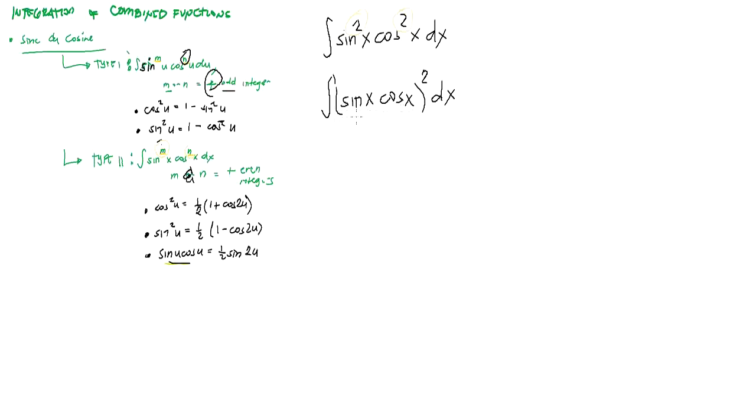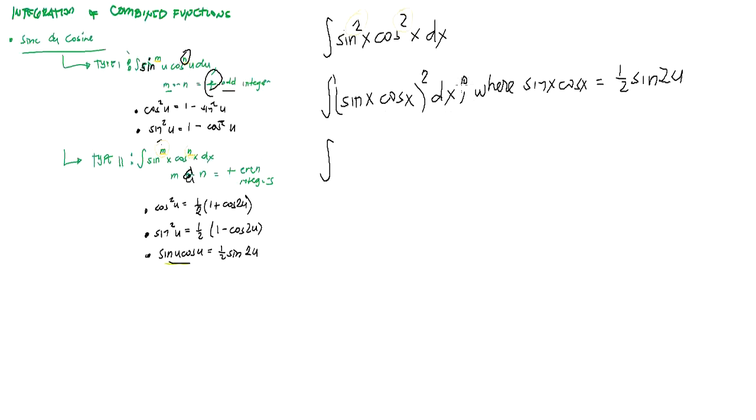This whole term is just equal to 1/2 sine 2x, where sine x cosine x is equal to 1/2 sine 2x.